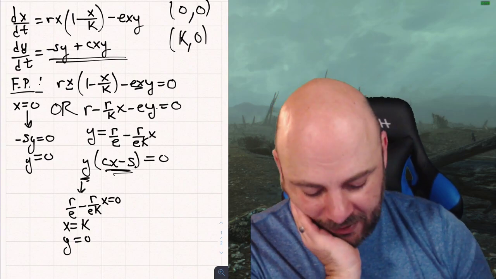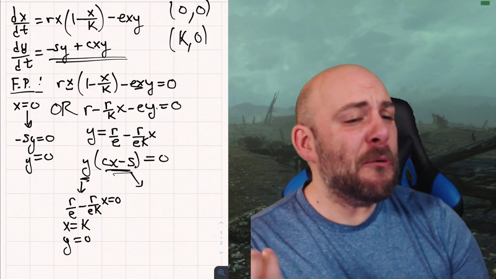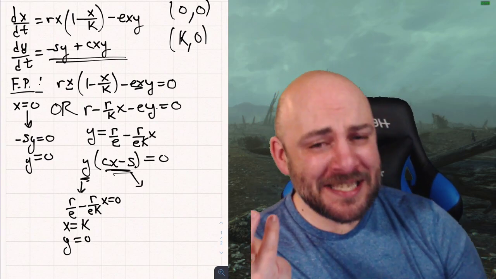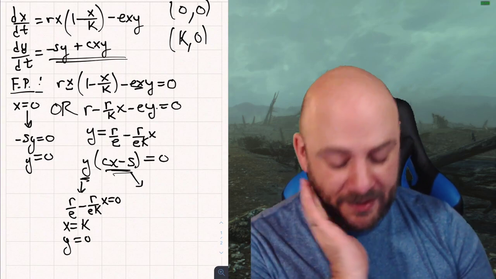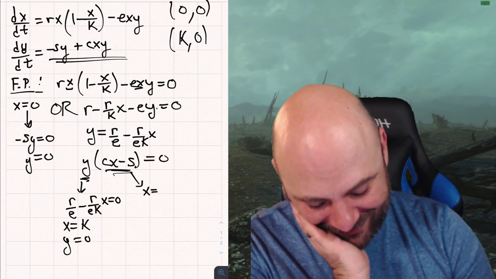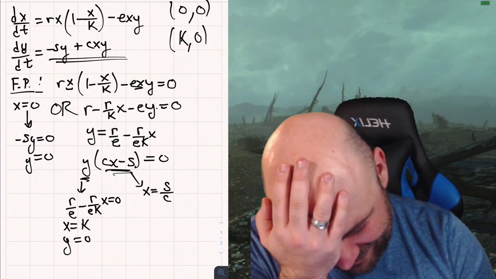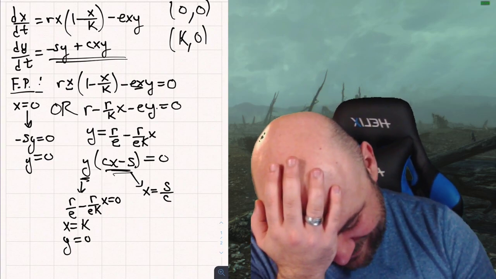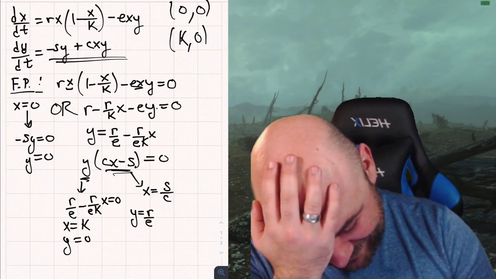Hey! Okay, finally, we get from here, hey, there's no y. This becomes much easier, right? Unless I wrote something down wrong. No, I didn't. Okay, great. X equals s over c. I'm so tired. I'm so punchy. It's 1 o'clock in the morning. So y equals r over e.